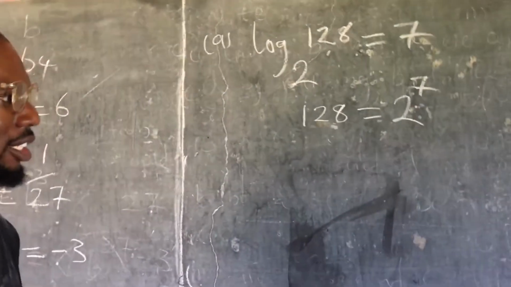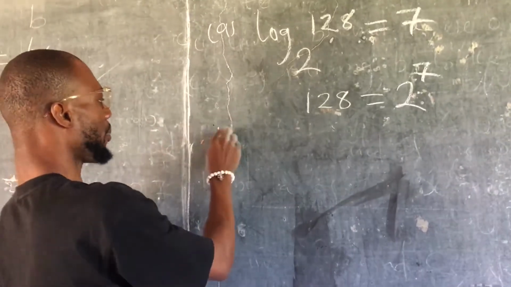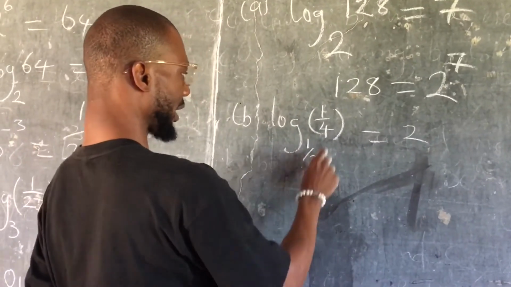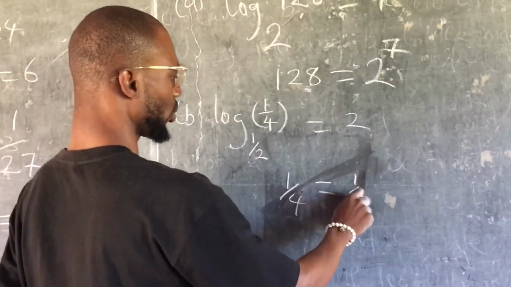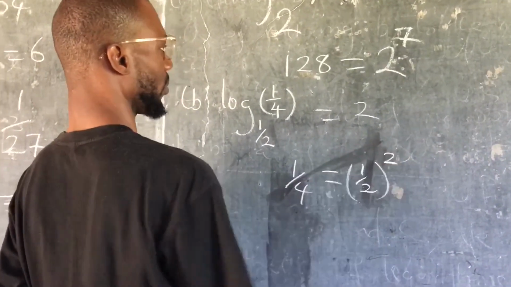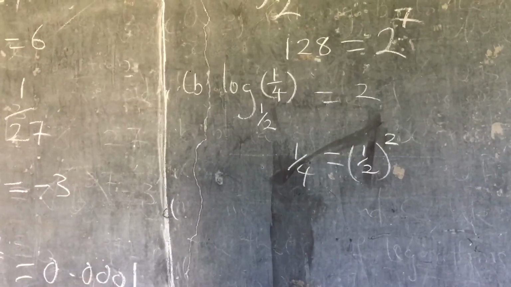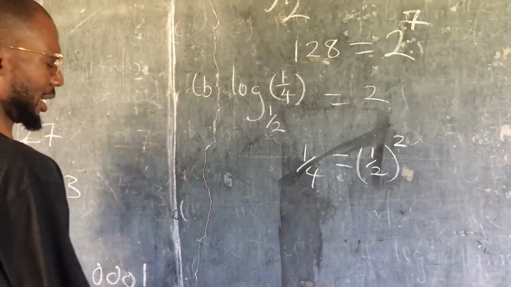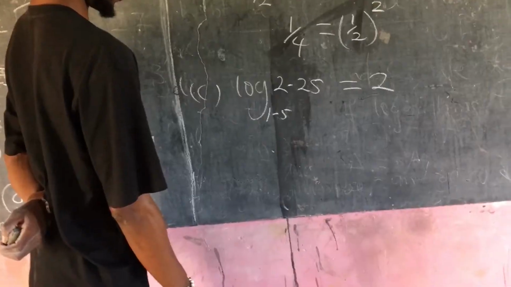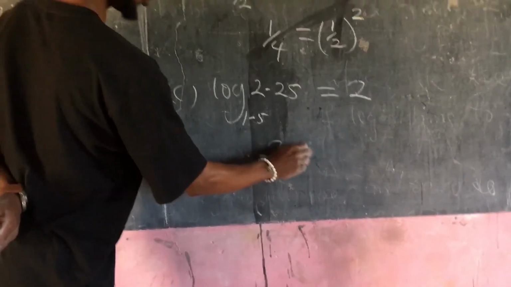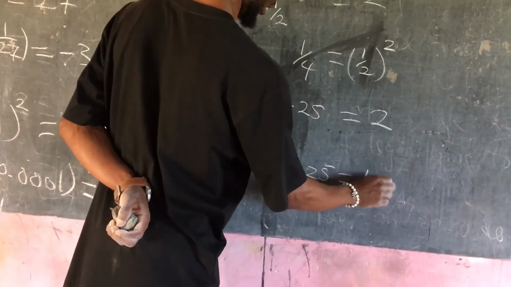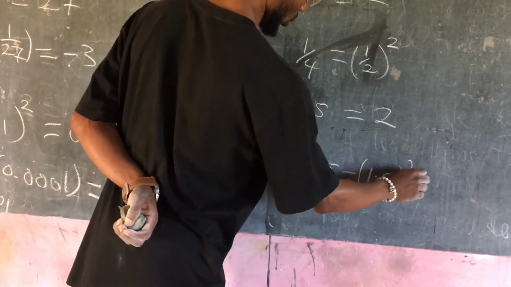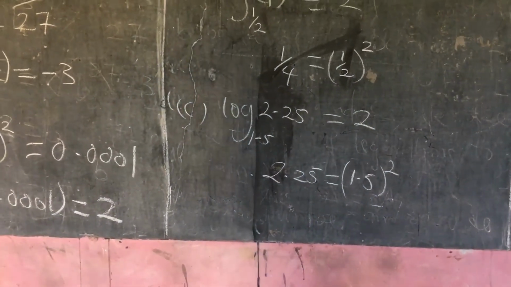The b part, if I change that to index form, I will get 1/4 is equal to 1/2 squared. And then the c part, I will just say 2.25 is equal to 1.5 raised to the power 2.